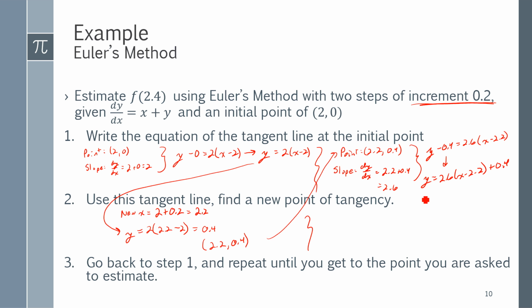And then I'm going to use this. I have another new x. I'm going to take the old x of 2.2 and add my increment. My new x is 2.4. I'm going to take that and this new tangent equation to find the y value.